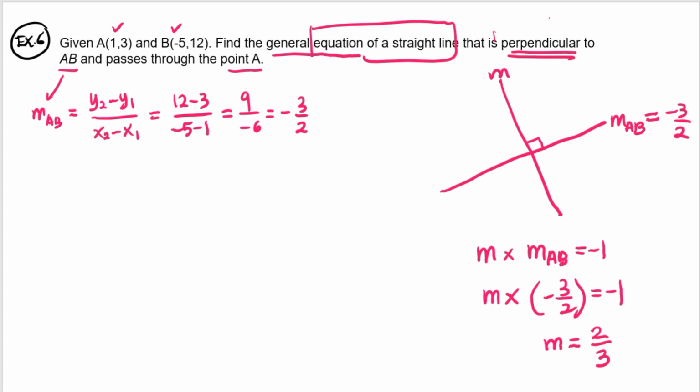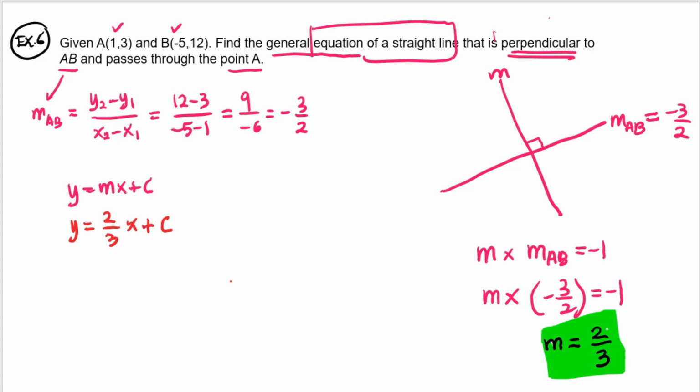Now recall that the equation of the straight line is given by y equal to mx plus c. You already have the value for m, you found the gradient already, which is 2 over 3. So y equal to 2 over 3x plus c. How to find the value for c? Read the question.